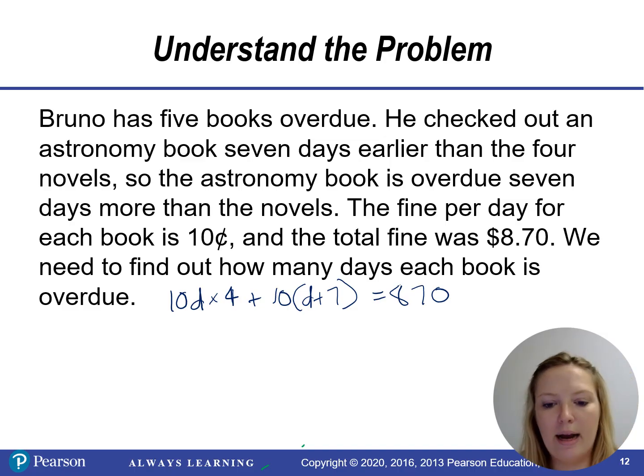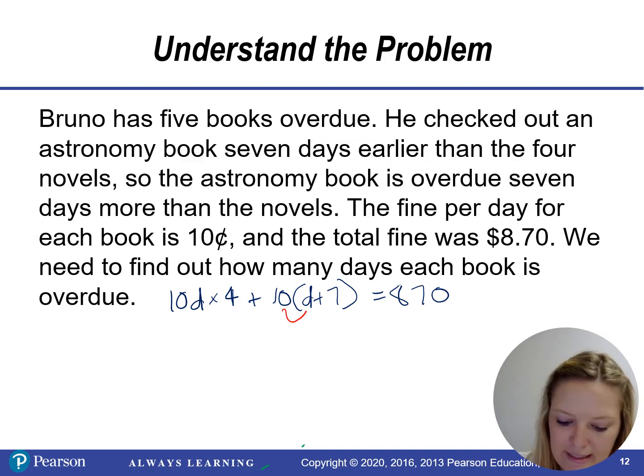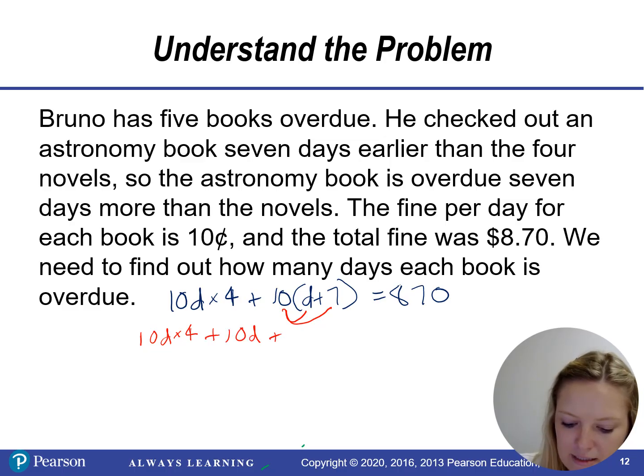Okay, so I can first distribute my 10 across this addition. So I have 10d times 4, and then plus 10d plus 70, and that's 870 cents.